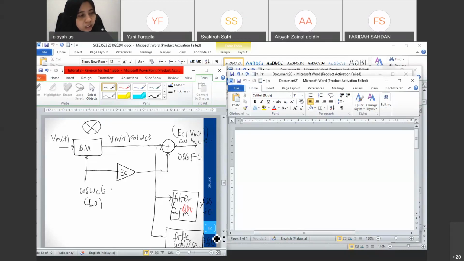In the lecture notes it is somehow the same, because the lecture notes say that after the DSBFC you use the BPF. You also can use that kind of block diagram because it gives the same answer.